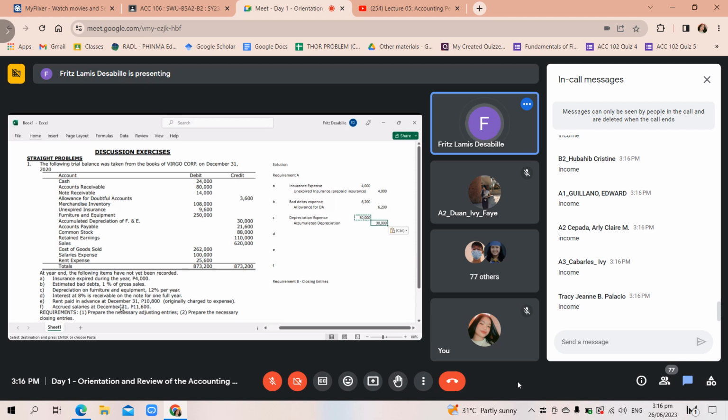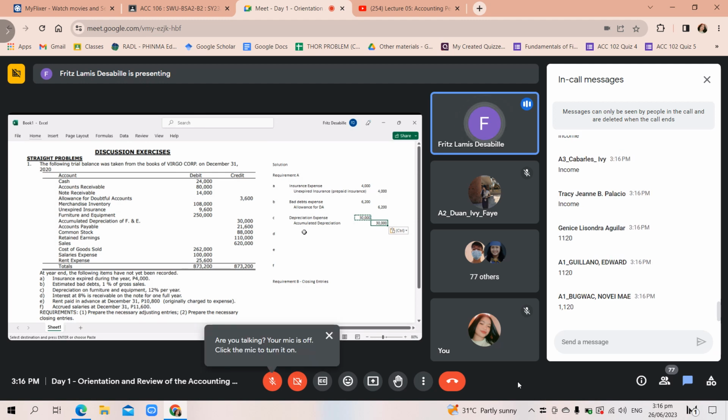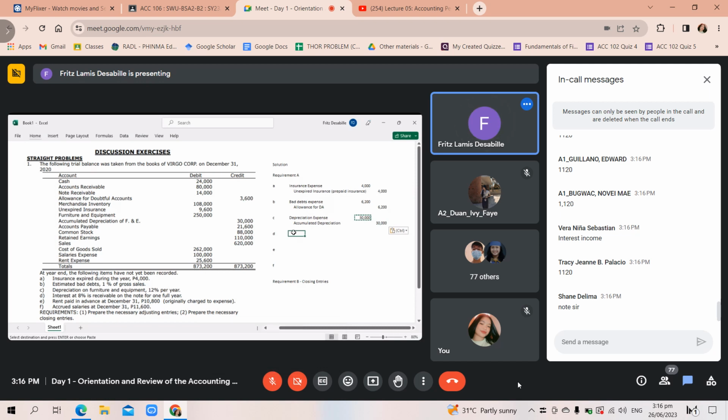How much? Asa unsa man nga account diri ang magka-incur og interest? Notes receivable. So 14 multiplied by 8% for one full year. So that is interest receivable, $120.